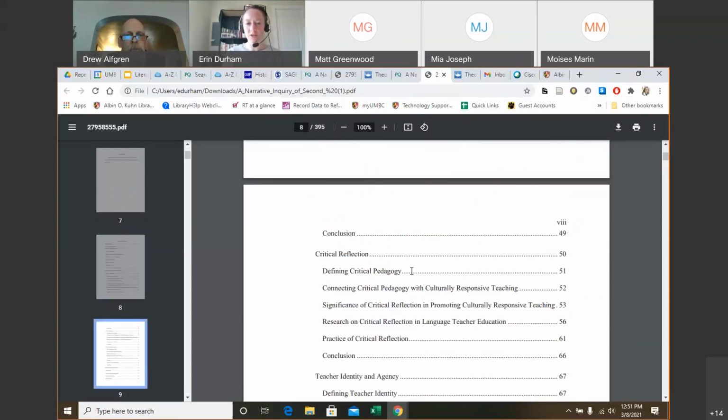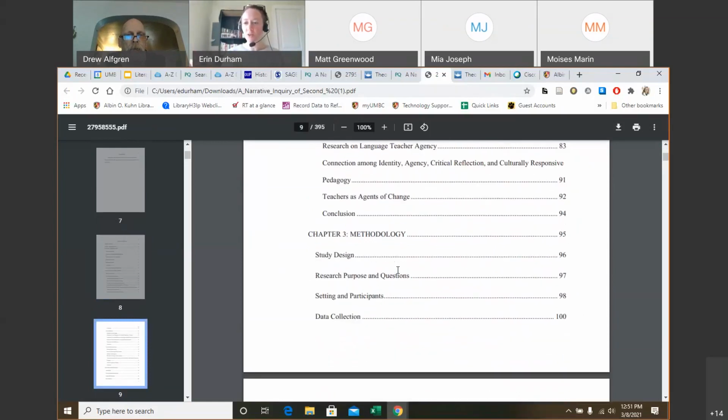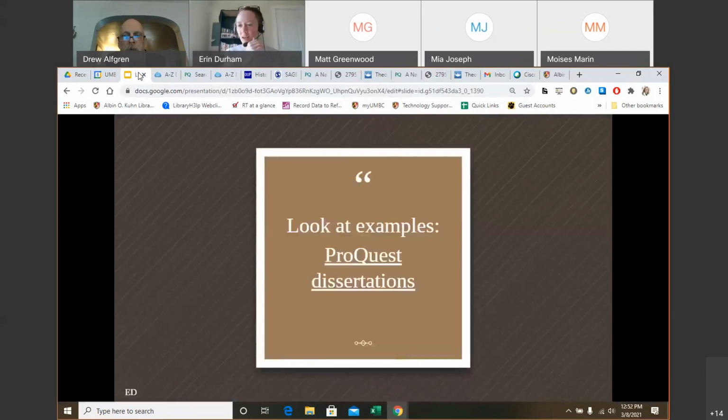I'll look at the literature review on critical reflection. I'll look at teacher identity. And then the rest of the dissertation is putting all those themes together. So you may find that your very specific niche topic may not have articles about it, but what you want to do is just broaden it a little bit, take a step back and see at what point it is being discussed in the literature review.